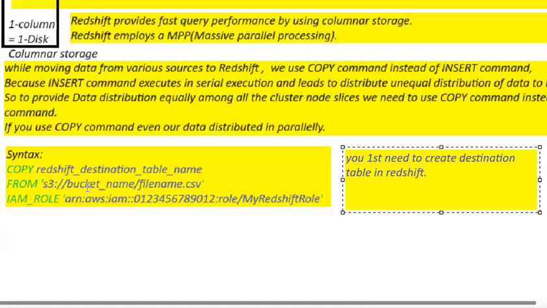Then whatever data is present in the file that you provided here will be copied to the destination table. The point to remember here is that while creating this destination table, you need to provide the same data types of columns which are present in the CSV file.